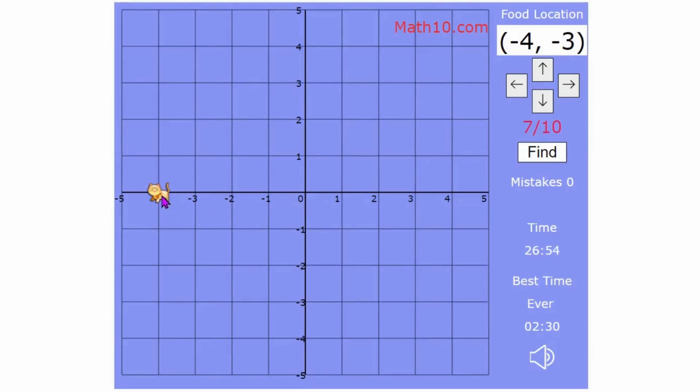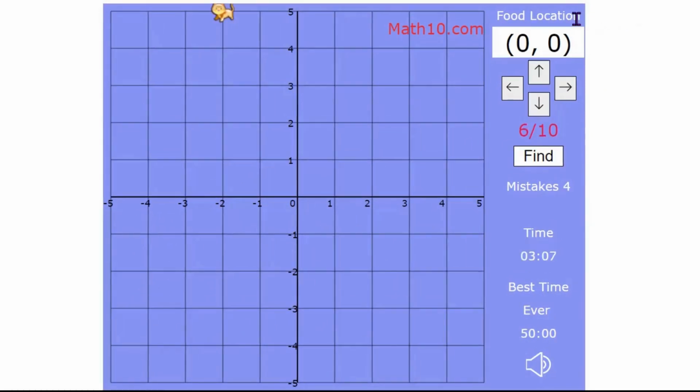So we are going to move downwards 3 units. We use the arrow down. 1, 2, 3. There, -3. So let us see if this is where the food is. Click find. Yes, very good. So the point is located here and the ordered pair is -4 and -3.